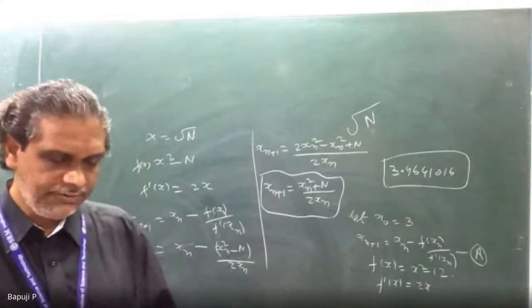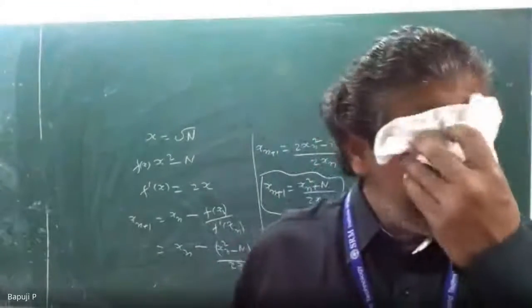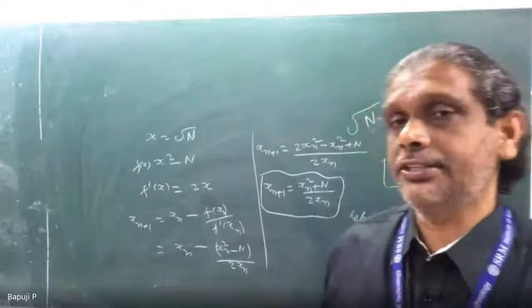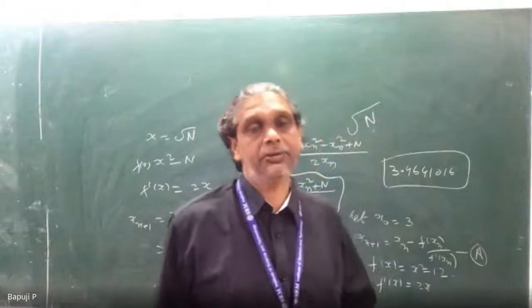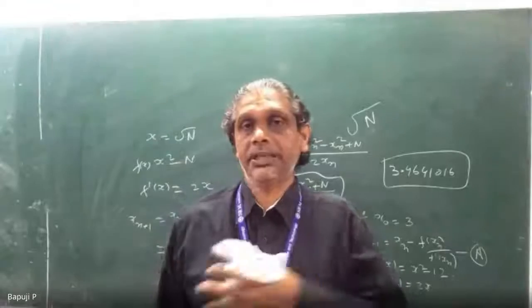Suppose we have cos x or sin x anywhere, better change your calculator to radian mode. Suppose x is equal to 1, for cos 1, carefully you can do it. Sometimes you may get x cube minus cos x plus 1, or x cube plus sin x plus 1.